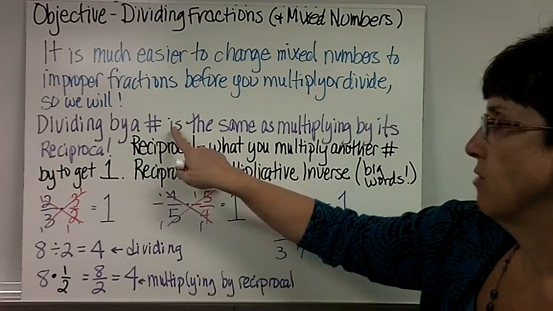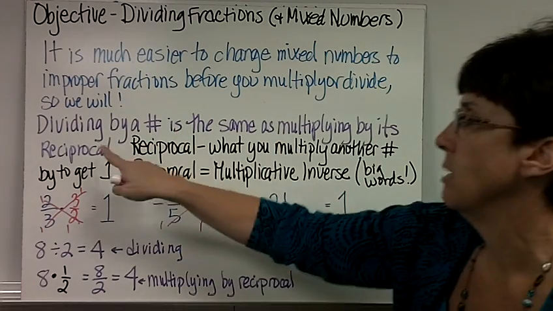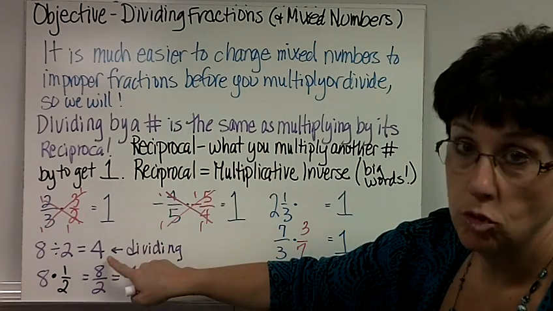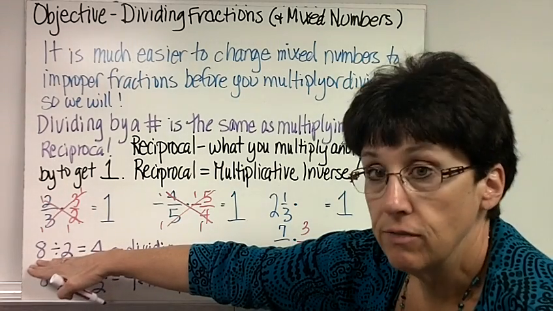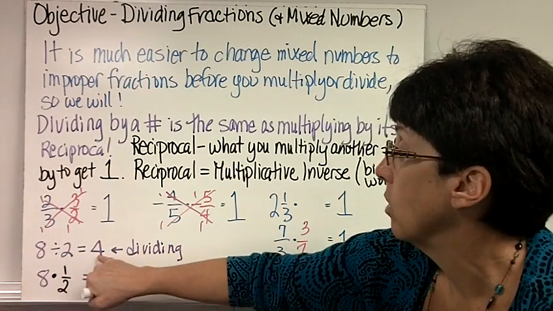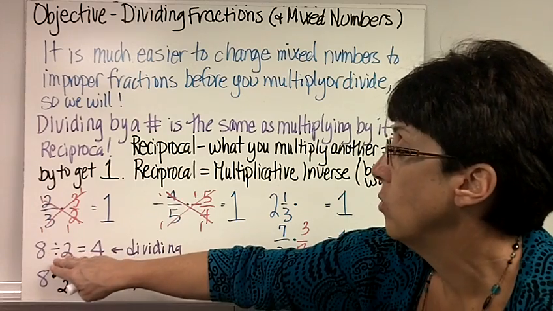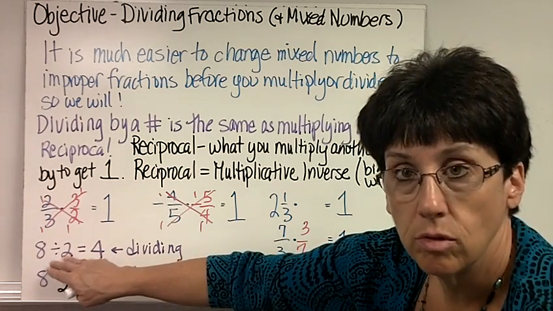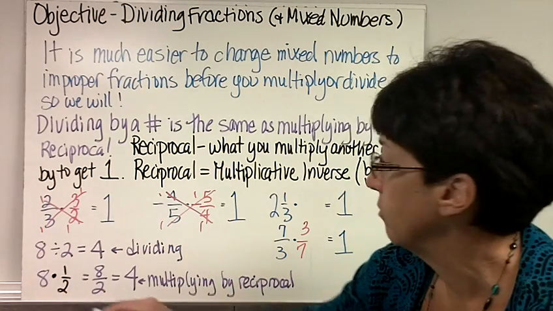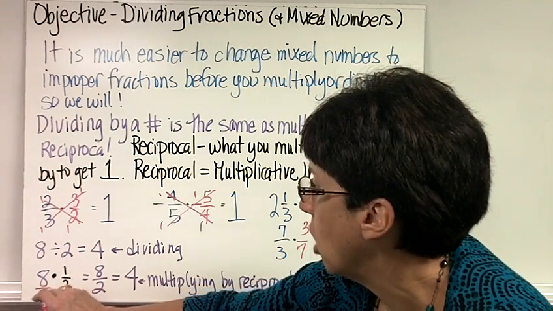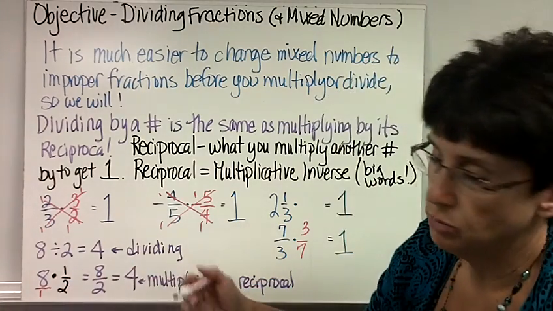Now let's get back to dividing by a number is the same as multiplying by its reciprocal. I put this in purple also. Let's say I said 8 divided by 2. 8 divided by 2 is 4. Well, what's the reciprocal of 2? 1/2. So if I said 8 times 1/2, let's pretend I'm not simplifying, which I totally should do, which would be faster.